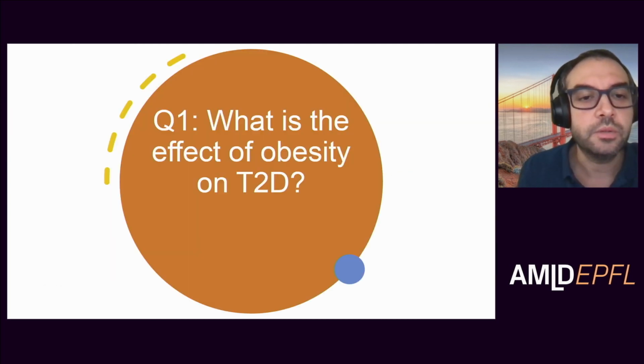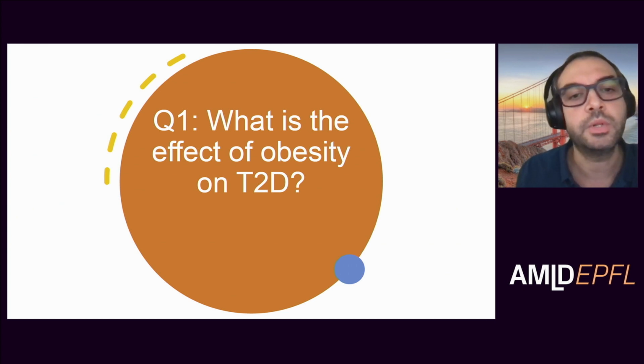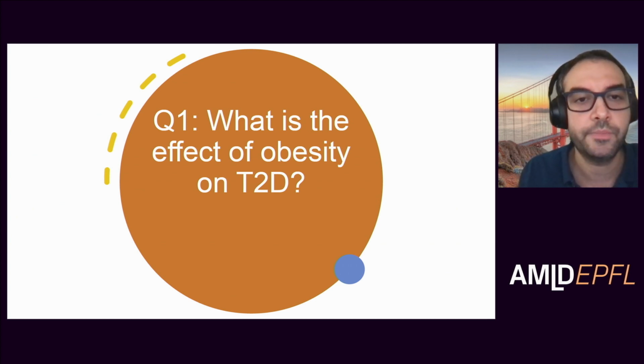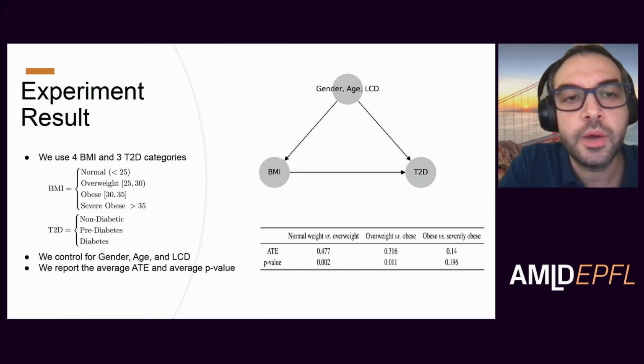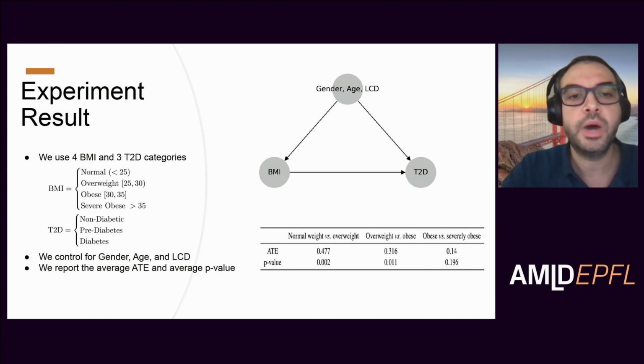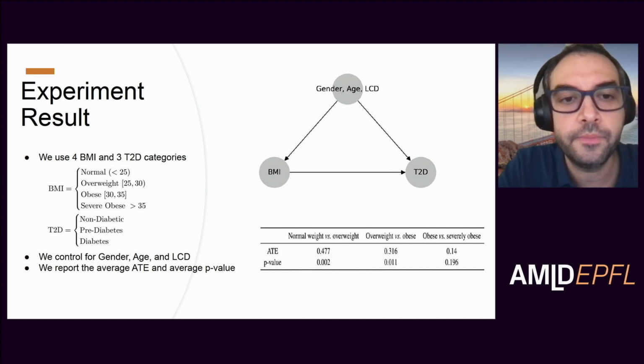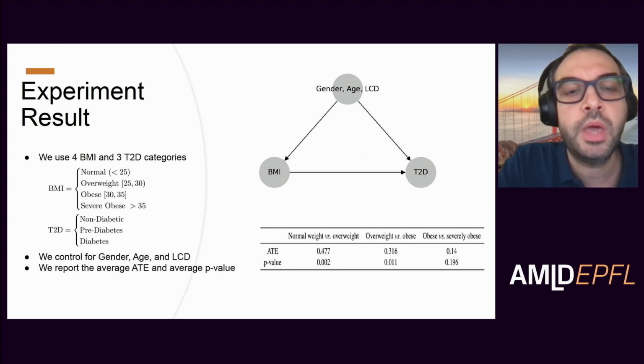So the first question, a simple one that relies on a simple DAG, is: what is the effect of obesity on type 2 diabetes? For that, we take the DAG where BMI is the treatment, type 2 diabetes is the outcome, and we control for gender, age, and LCD.